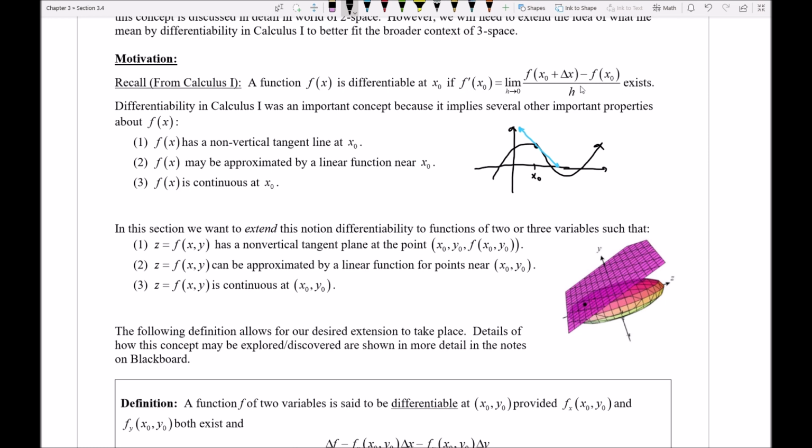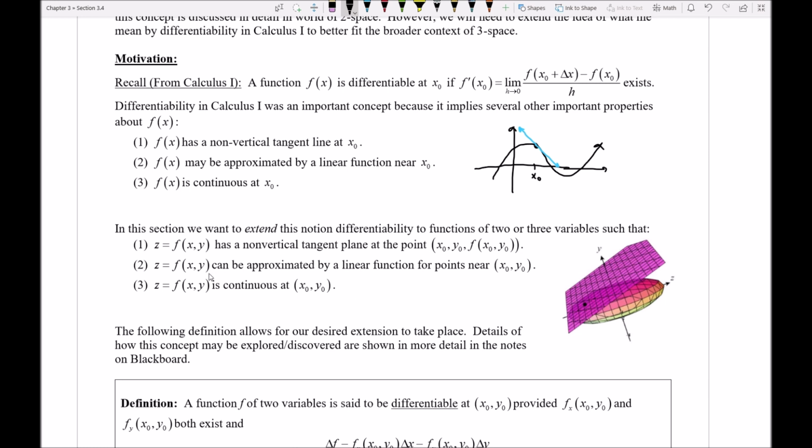I'm not quite sure what the rigorous definition should be just yet, but I wanted to at least imply the same three sorts of things. I want to be able to say that instead of a tangent line at that point, I should be able to construct a full tangent plane. And that tangent plane should have a slope, quote unquote, in a way that makes it non-vertical. So there should be some tilt to this plane, so it's not perfectly straight up and down.